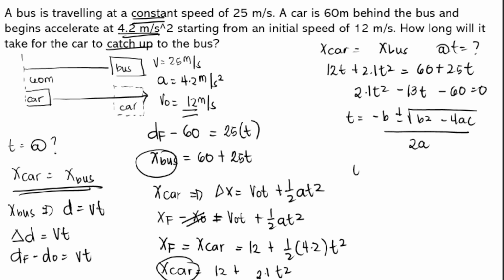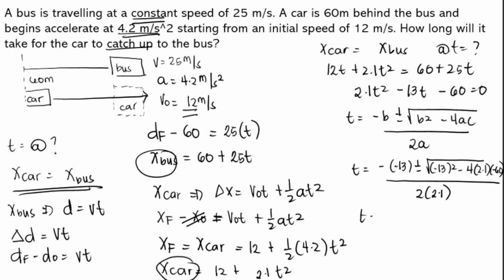Substitute all of our givens: negative 13 plus or minus the square root of negative 13 squared minus 4 times 2.1 times negative 60, divided by 2 times 2.1.